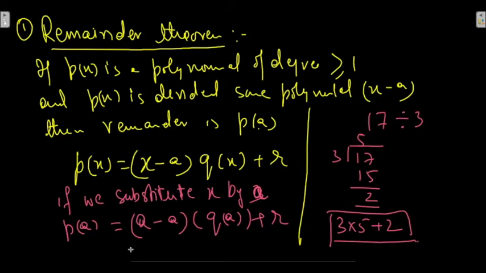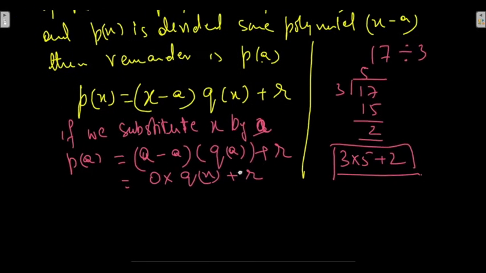Now this a minus a is 0. So this 0 when multiplied by q of x will make this entire thing 0, and we'll be left with r, which is equal to p of a, right? And this is what the theorem has stated, that the remainder is going to be p of a.